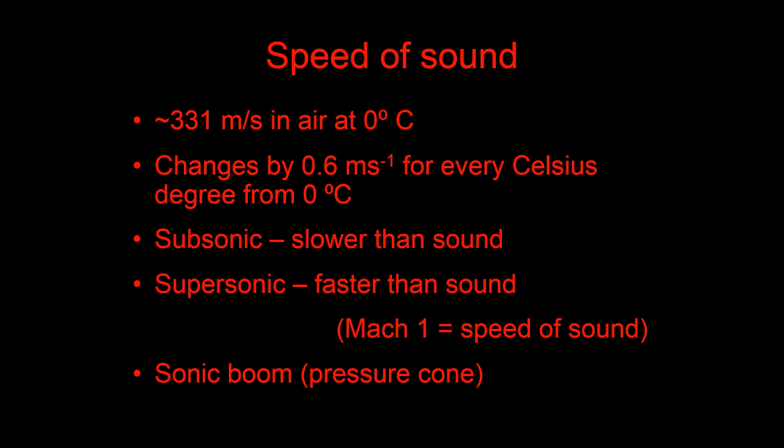If we start to deal with Mach numbers, then this system really kicks in once you start to exceed the speed of sound. So when we see something like a sonic boom, this is a pressure cone caused by an object traveling faster than the local sound speed.